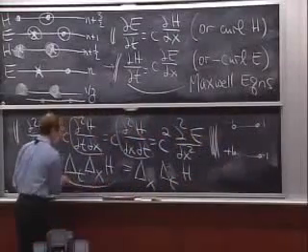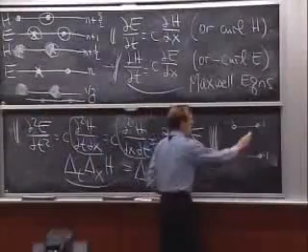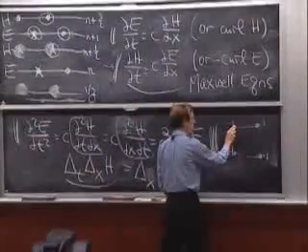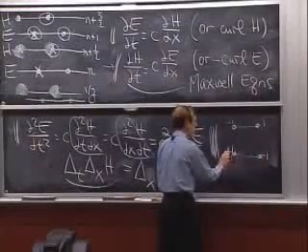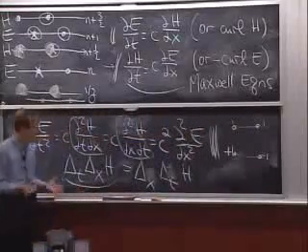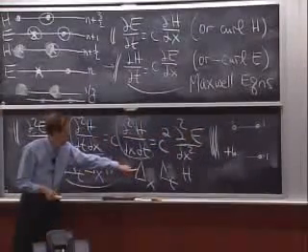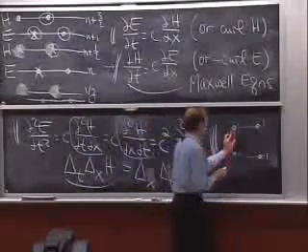What we have here is h at this point minus h at this point minus h at this point plus h at this point plus 1. And I claim that we have the same thing here. If I take the time differences first, can I do that?